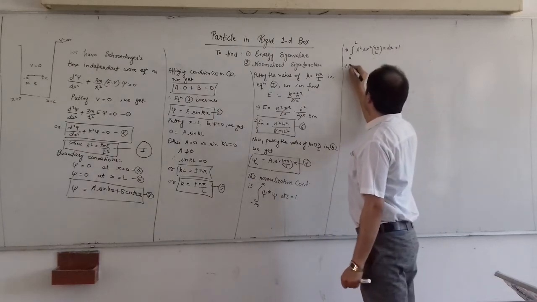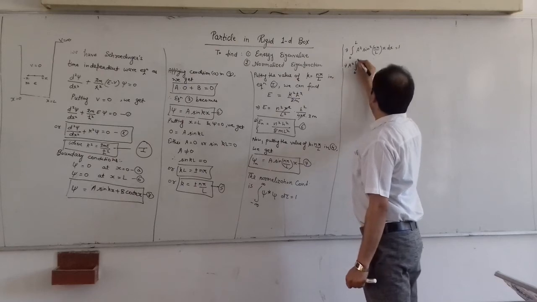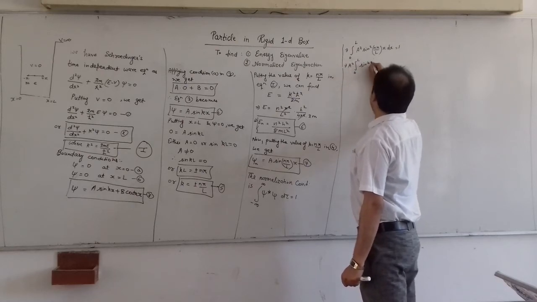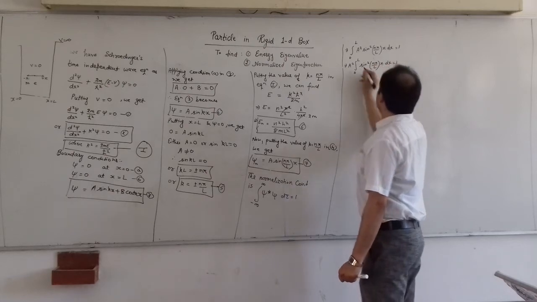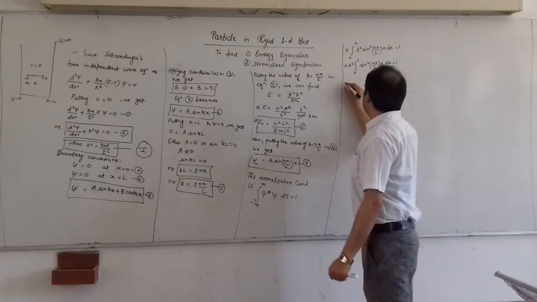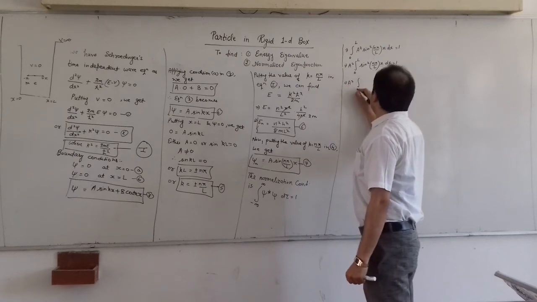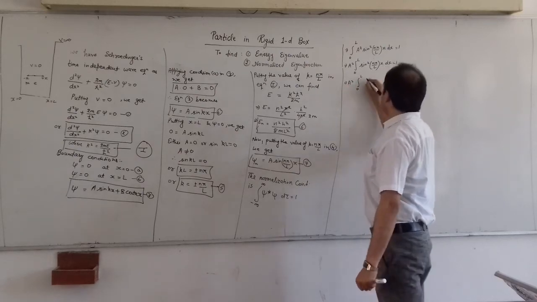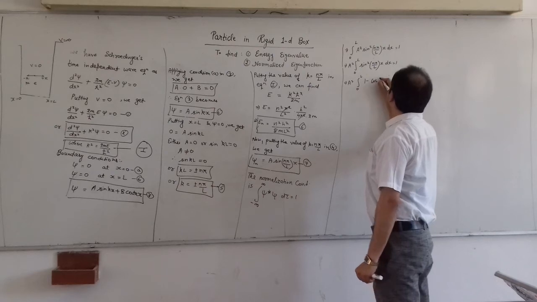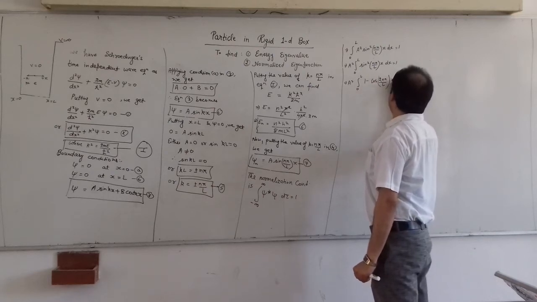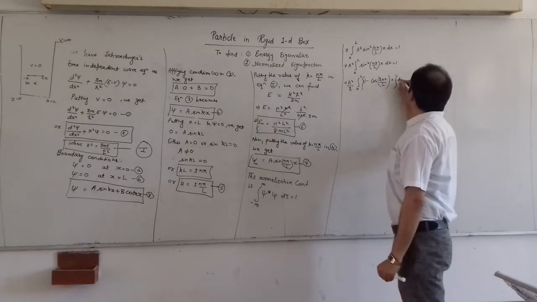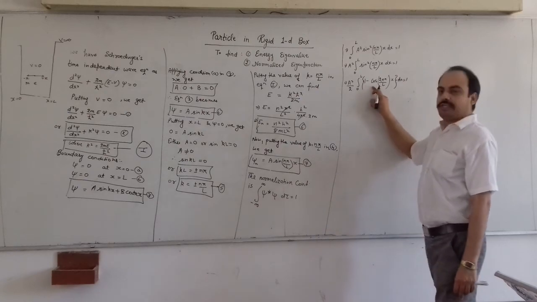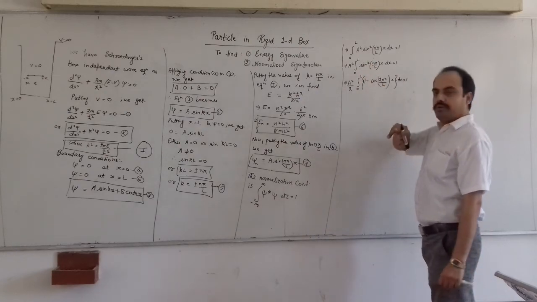Putting A outside, we will get A square integral 0 to L sin square n pi by L x dx is equal to 1. And sin square we can write as A square integral 0 to L, 1 minus cos 2 n pi by L into x dx divided by 2 equal to 1, because 1 minus cos theta is equal to 2 sin square theta by 2, right?